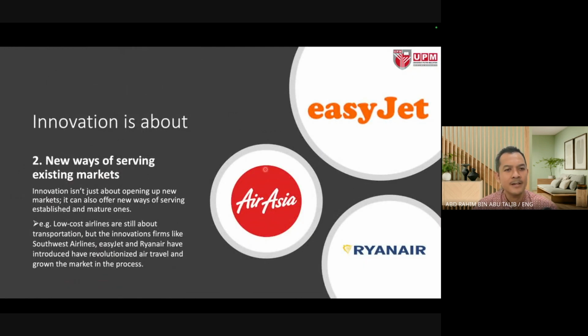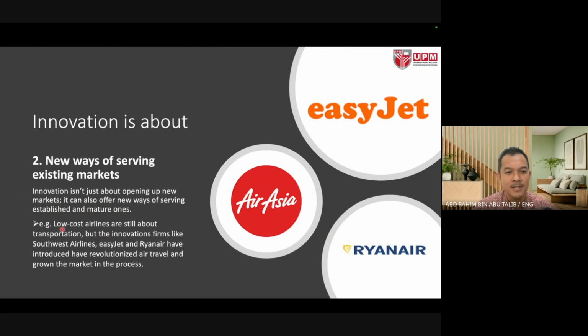And then the next one is about new ways of serving existing markets, right? So you can quickly identify here the logos of low cost airlines, AirAsia, EasyJet, Ryanair, and many others in the world. Innovation isn't just about opening new markets, but it can also offer new ways of serving existing or mature ones.